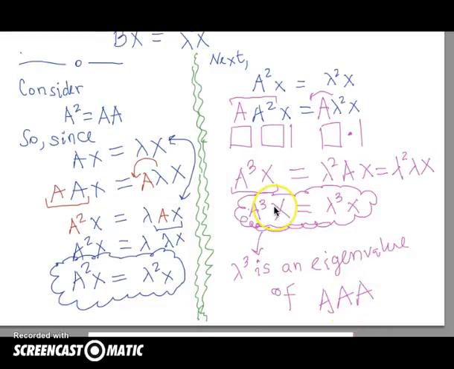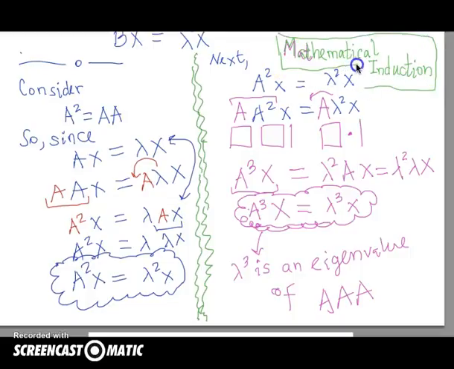What I'm doing here is illustrating the rationale behind the proof of this theorem. The formal proof relies on a technique called mathematical induction, which you can develop in more detail.